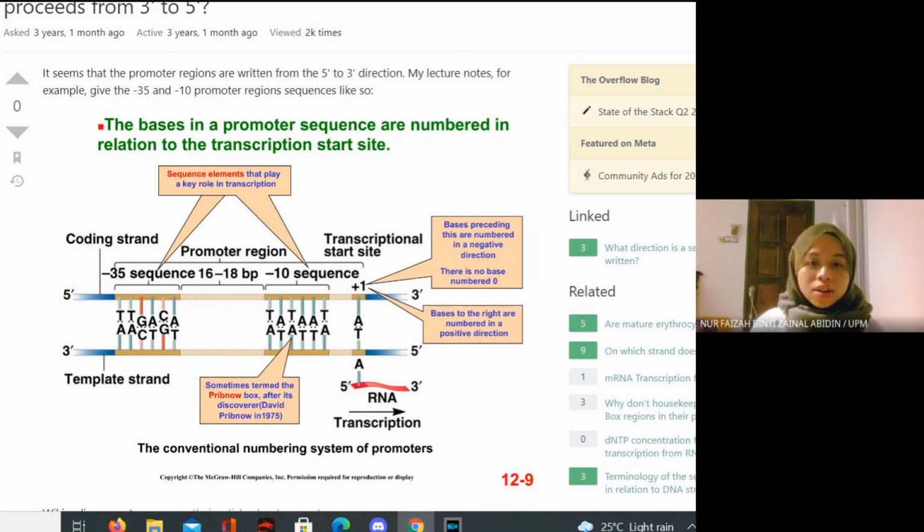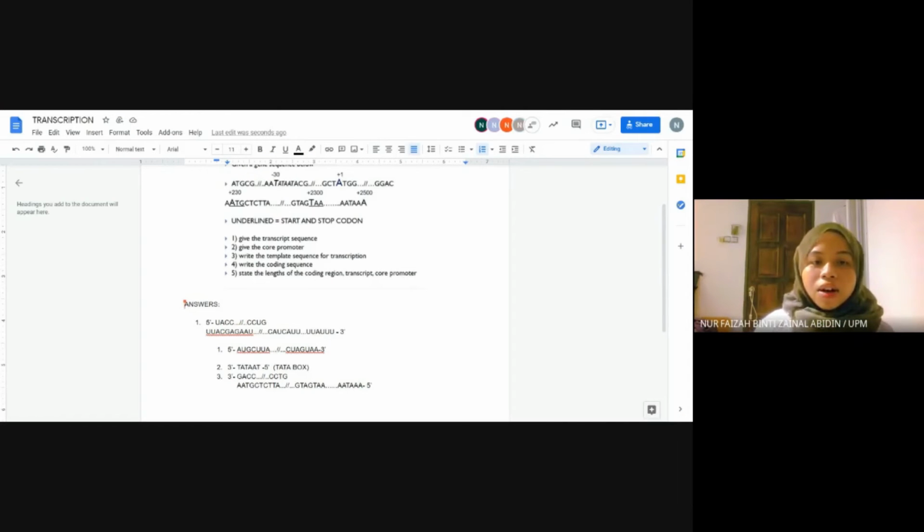This is the coding sequence, and the 3' to 5' is the template sequence. The template sequence is usually used for transcription of the RNA, then the RNA will be made from 5' to 3'. If you want to find the template strand, we have to find the complementary of the sequence above.